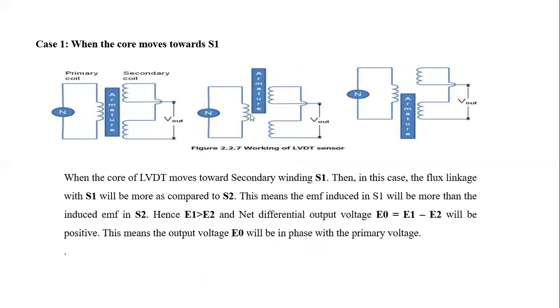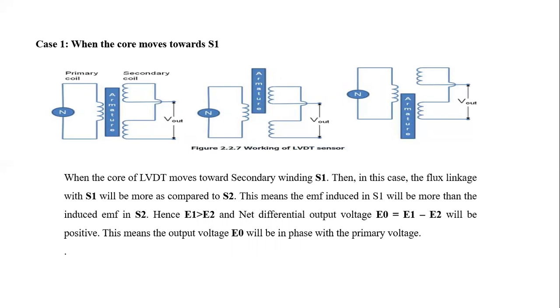When the core of the LVDT moves towards secondary winding S1, the flux linkage with the first secondary winding S1 is greater than with S2. Due to this, the EMF induced in S1 is greater than the EMF induced in S2.